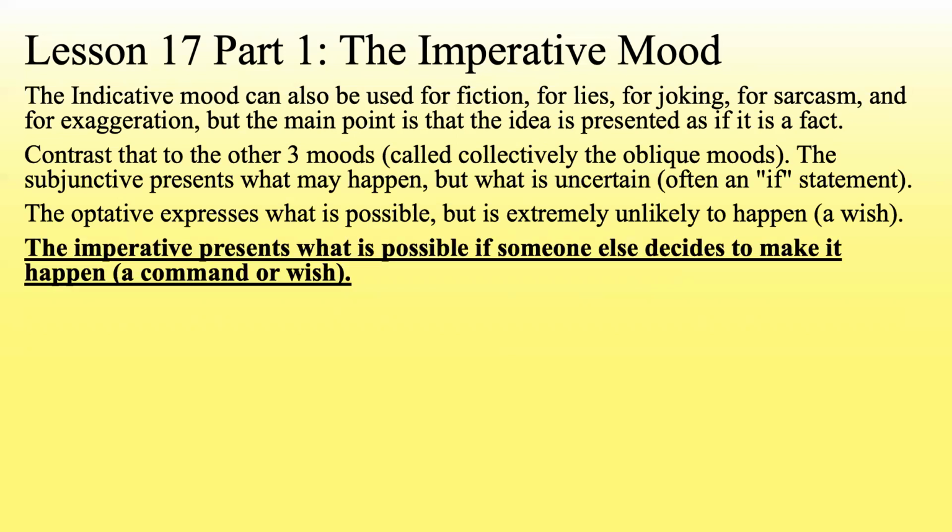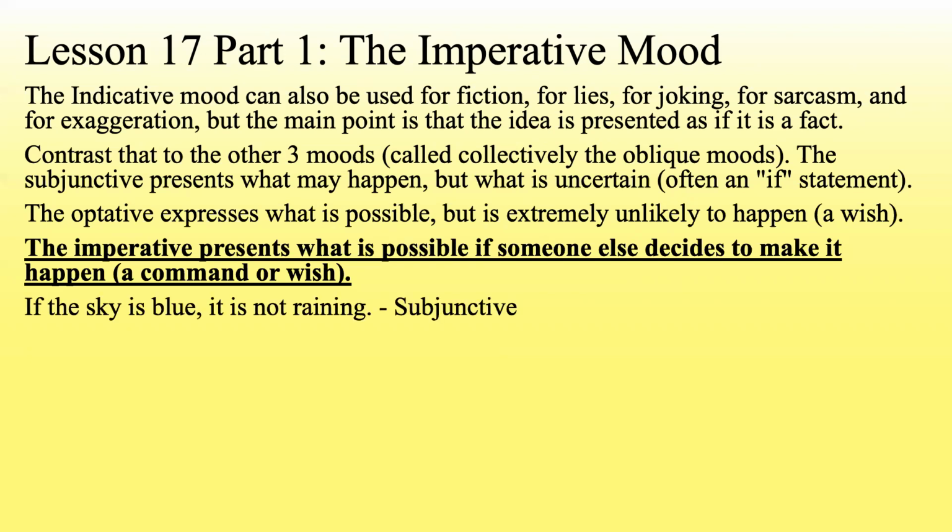The imperative presents what is possible if someone else decides to make it happen, a command or a wish. Believe it or not, this is the furthest removed from reality because the person who's speaking has no control over whether or not this happens. Now, they can try to force someone to do what they're commanding them to do, but they really don't have any control over whether or not this action happens.